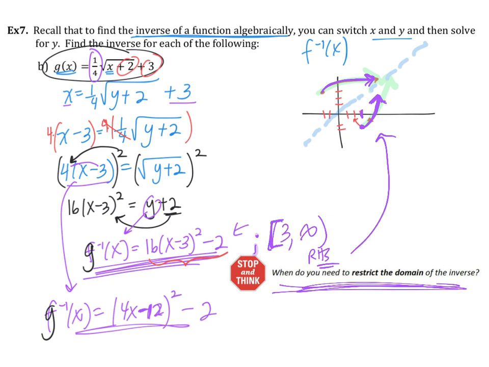So what is the right-hand portion? Well, that's limiting my domain from 3 to positive infinity. So when do we need to restrict the domain? When we have a square root function originally, or you're actually going to have to limit the domain when we do the absolute value. And we will talk about that in a future lesson.